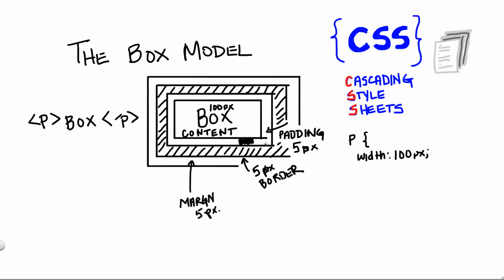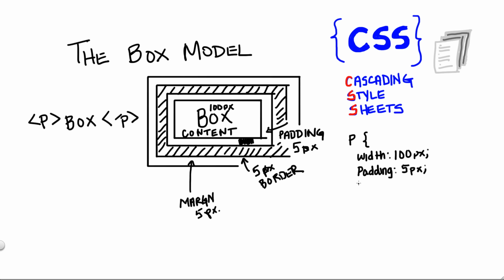So then we have a 5 pixel padding, okay, 5 pixels. And usually in these padding and margin rules, you can say 5 pixels top, right, bottom, left. So you could actually have 4 values here. But if you just put 1, it will apply this padding evenly around the box. So that's what we want.